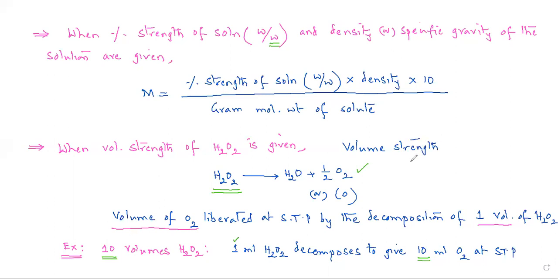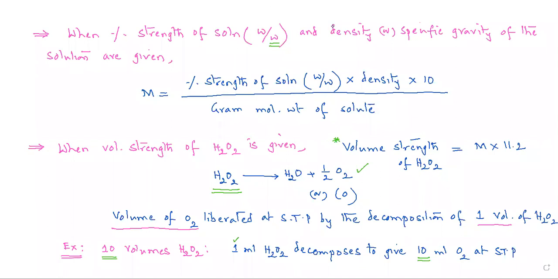Let me give you this. Volume strength of hydrogen peroxide is equal to molarity multiplied by 11.2. So this is what you can actually use.